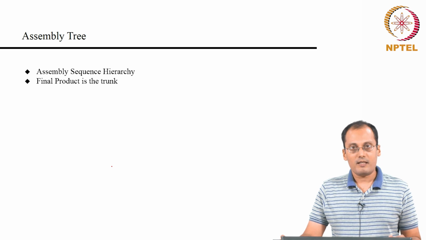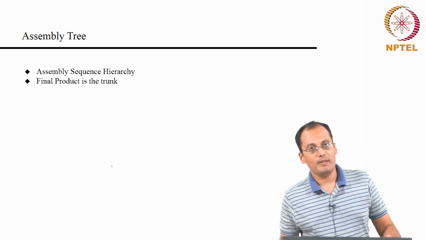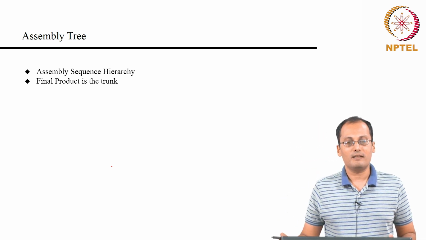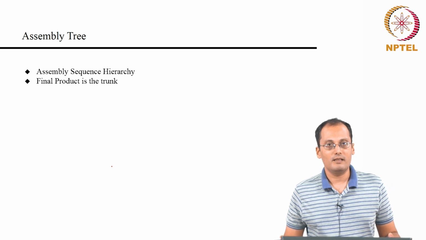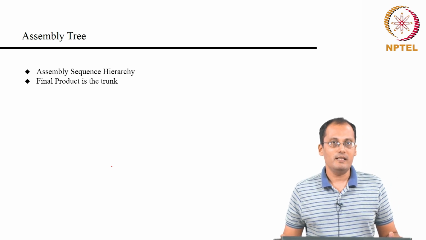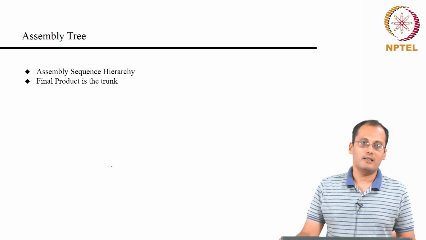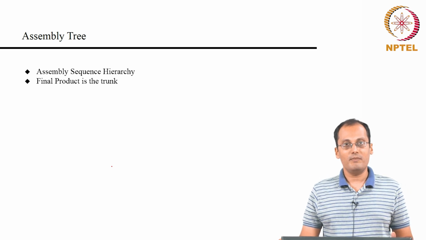The assembly tree is typically an inverted tree where the trunk is the final product and the leaves and branches essentially represent the components or sub assemblies.